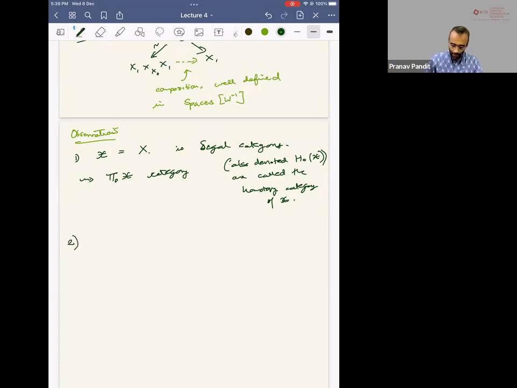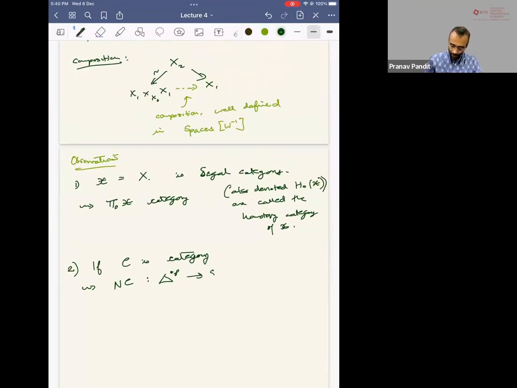The second thing is that if you have an ordinary category, then you get one of these guys. So if C is a category, then you get this thing called the nerve of C, which is a functor from delta op to simplicial sets. It's defined as delta op to sets.